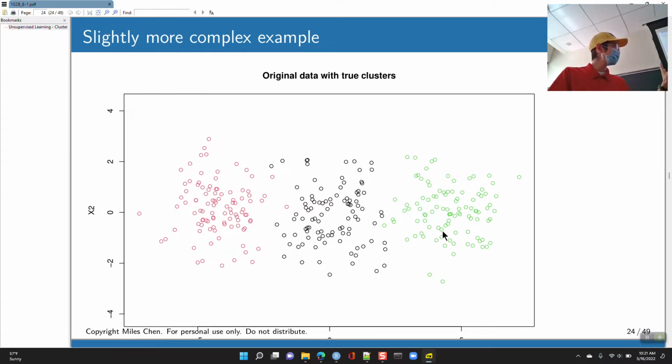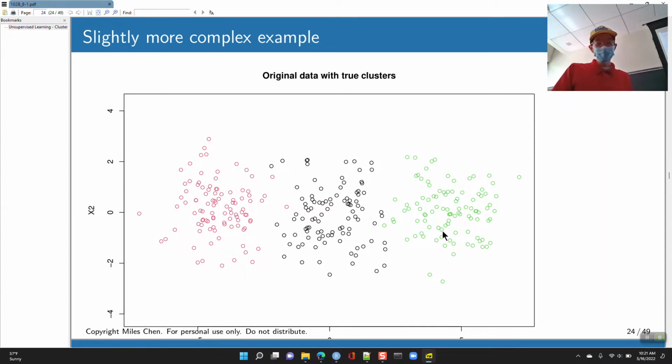So here we see red, black, and green, but in reality, it's just going to all come in completely unlabeled. We have no idea if any of these points even belong to different clusters. And we're going to just say, hey, can we identify some structure in here? Can we group some points together?